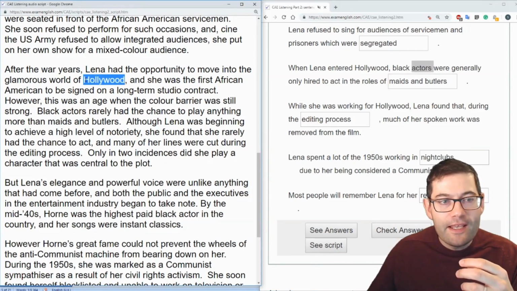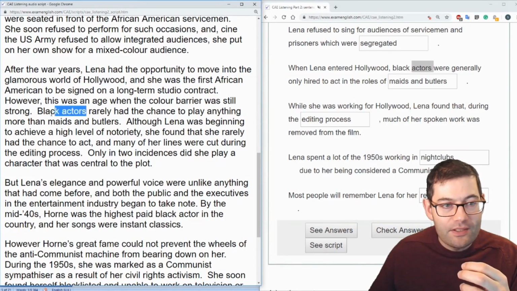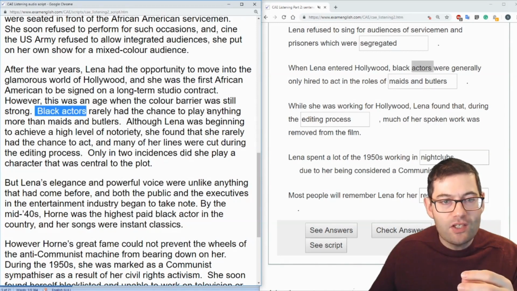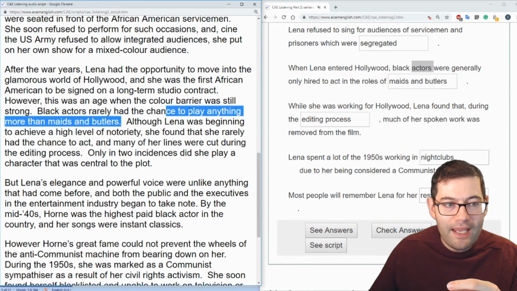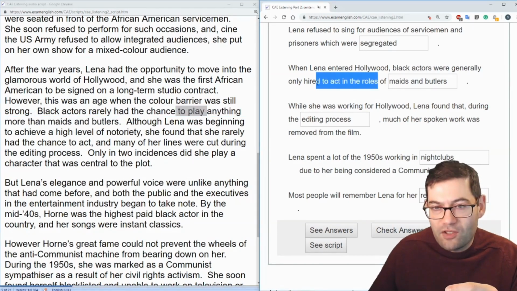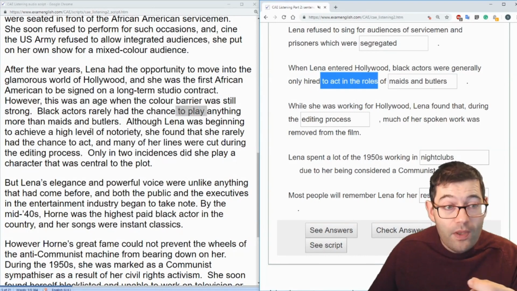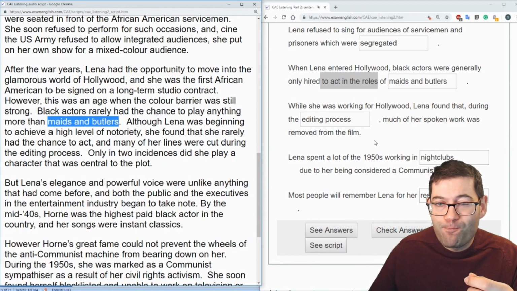And indeed, it goes on to talk about Hollywood, and it goes on to talk about black actors. So clear vocabulary links. Rarely had the chance to play anything more than maids and butlers. So to play a role would link to act in the role of, and then of course we have our answer, maids and butlers.